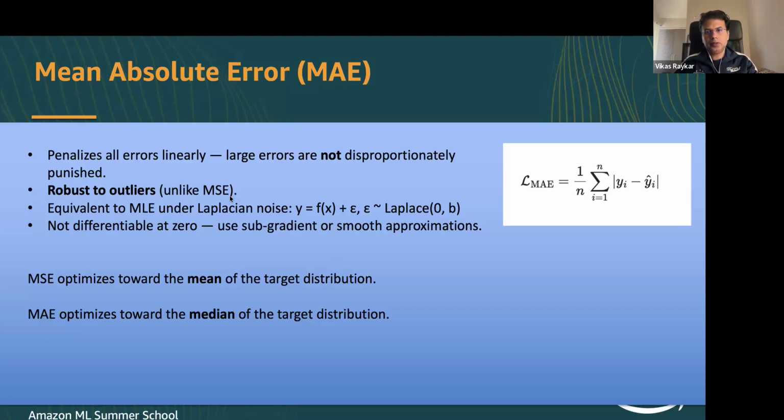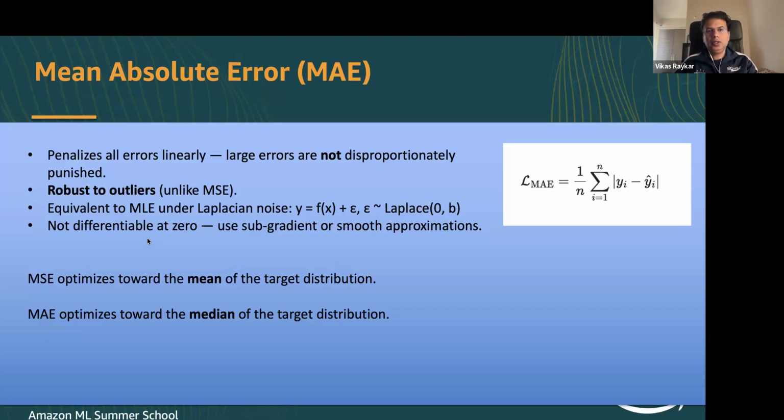Similarly, we can show that the mean absolute error is equivalent to the maximum likelihood estimator under Laplacian noise. So y equals f of x plus epsilon. For MSE, epsilon was a normal distribution. Here, if you take the noise to be Laplace, then you can show that the MLE of this is equivalent to optimizing the mean absolute error.